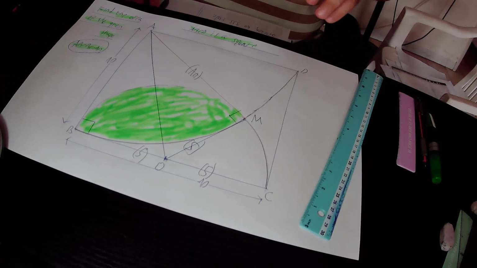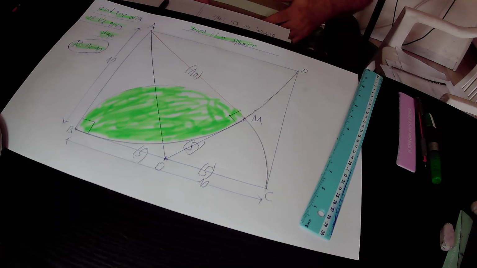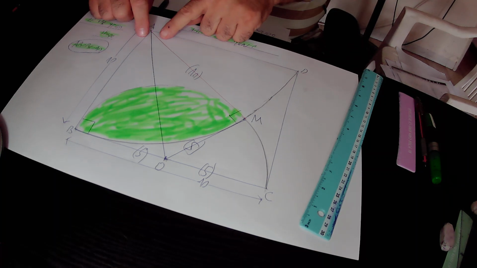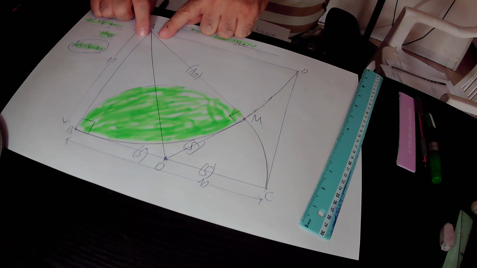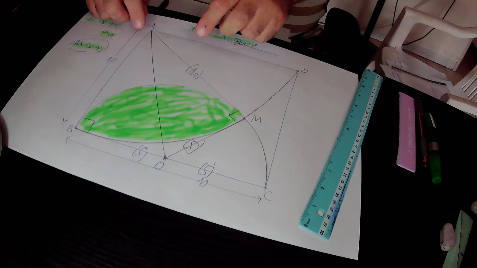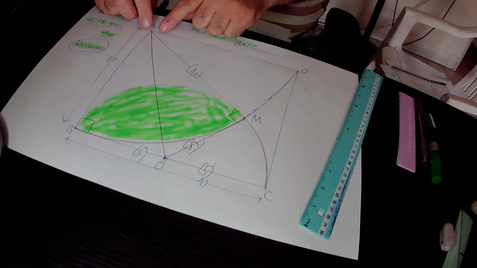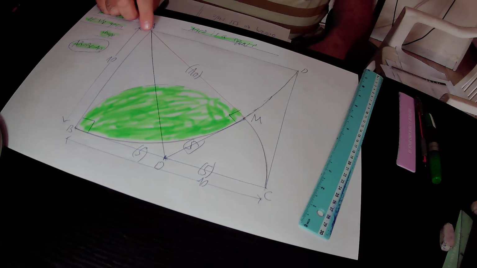And from the fact that those two right triangles are congruent, we derive that those two angles must also be equal to each other according to the rule that corresponding angles in congruent triangles are equal. So if we define the size of this angle as alpha, then the size of this angle must also be equal to alpha.